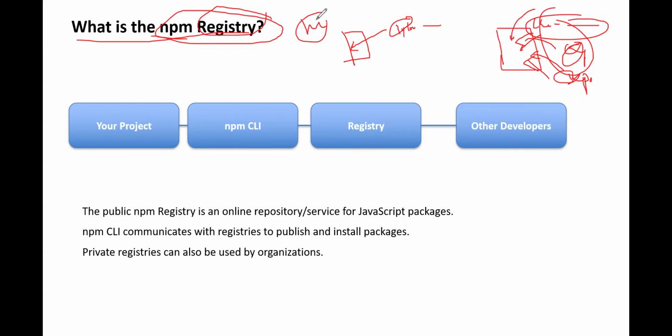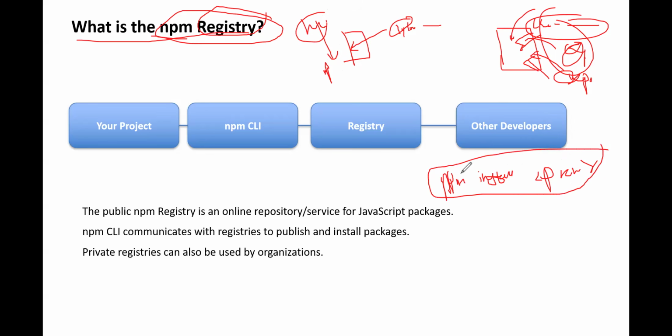This is the main hub. From the NPM registry, we fetch our required packages to install. For installing packages, the required syntax is npm install package name.